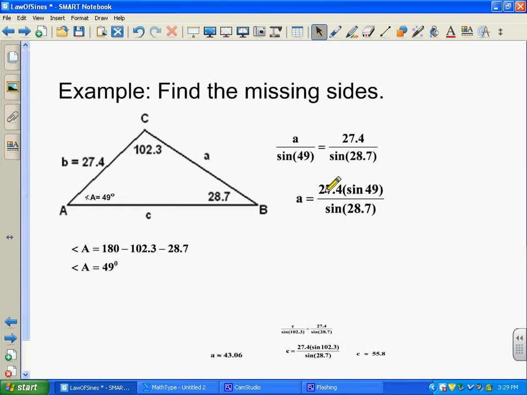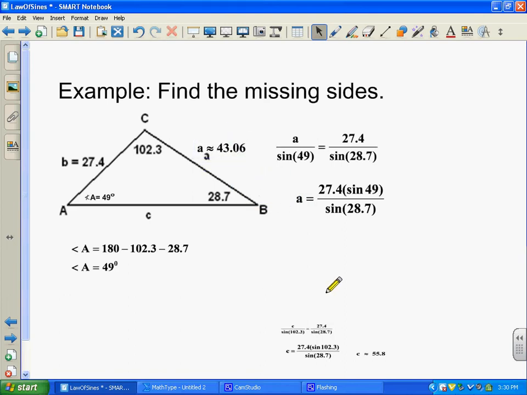We can put this into our calculator, remembering to have it set to degree mode, and we get a value for little a of 43.6. We can put that right over here in our diagram.